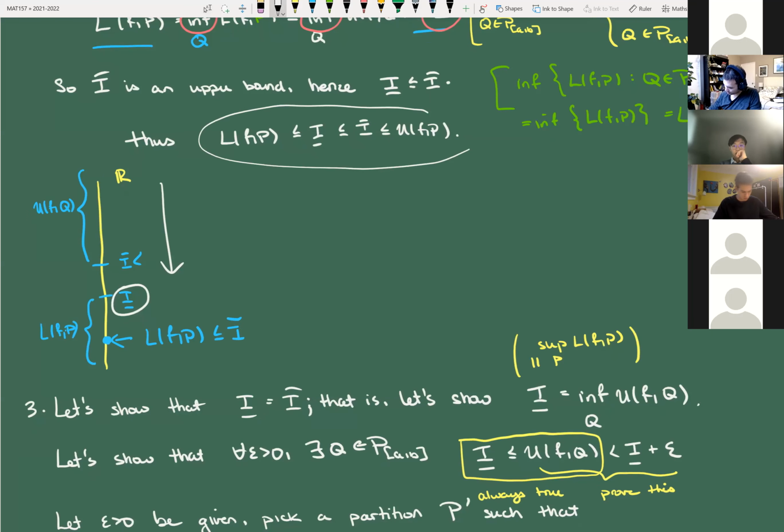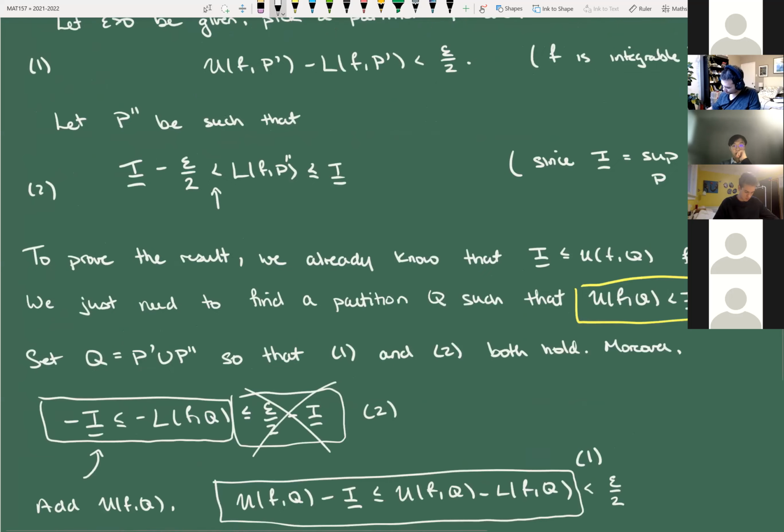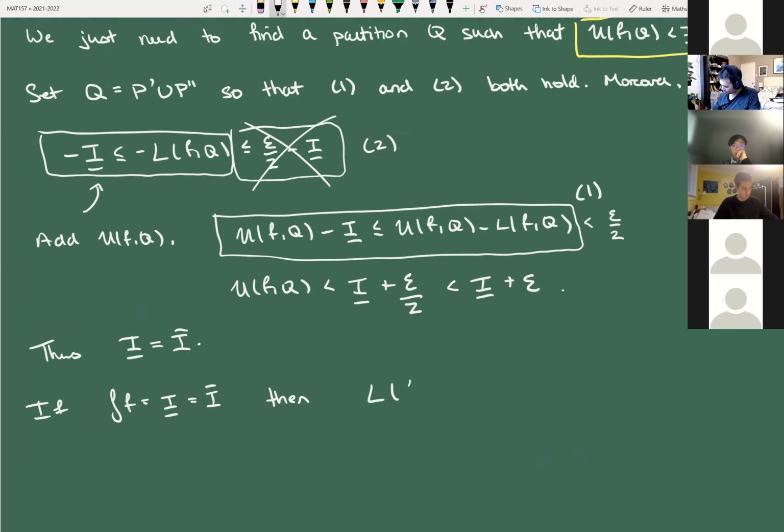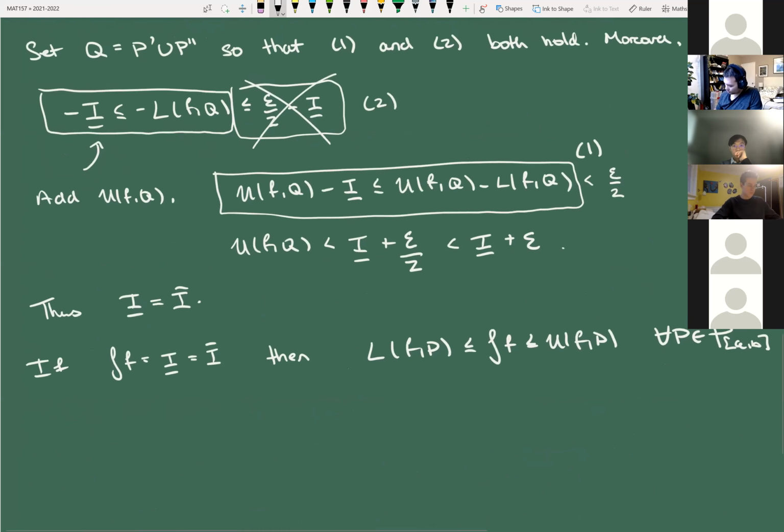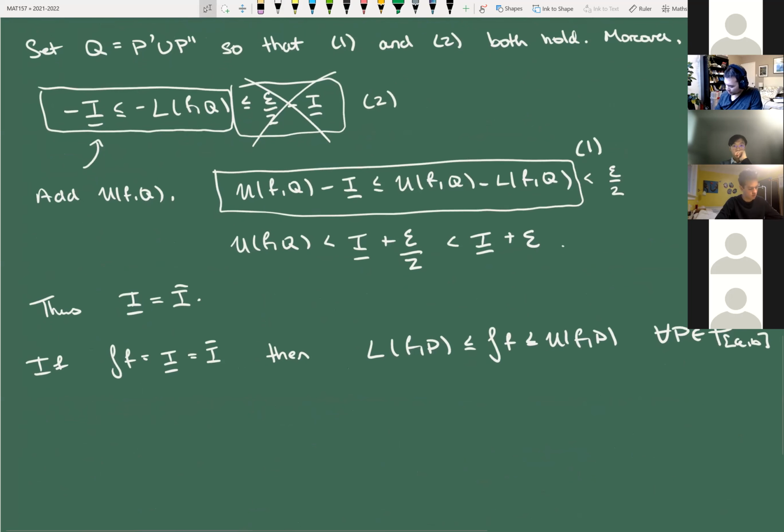So if I take this equation, that means LFP is less than or equal to the integral of f is less than or equal to UFP for all partitions P. So it exists. That's what we've proven. You have to confirm it's unique, but pretty much that's a very quick proof. I'm going to leave that too because we are running out of time. So check it's unique.